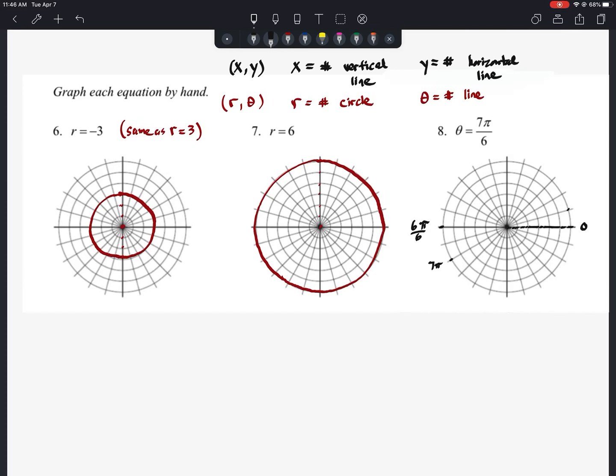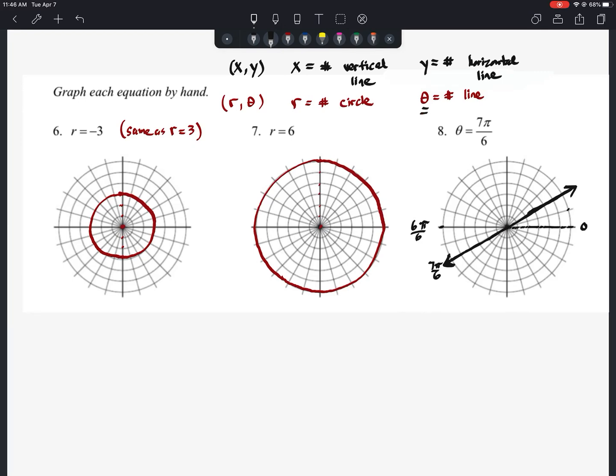So this is where 7 pi over 6 is. But when we look at graphing that in, that is this angle here. But we're going to extend it all the way through the other side. So this line is what we get when we graph 7 pi over 6.